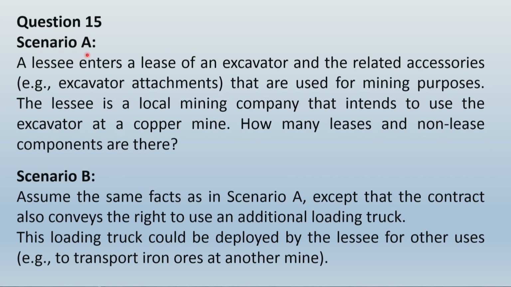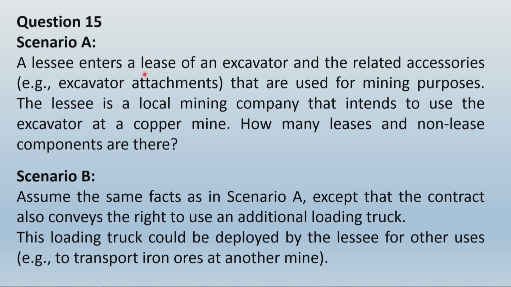In scenario A, what is the subject matter of lease, or what is the underlying asset under the lease? That is the excavator and the related accessories, that is excavator attachments. Now, the excavator attachments cannot work without the excavator. This is just like the same type of example we have learnt long back, that is the lease of tires of a car cannot be used without the car itself.